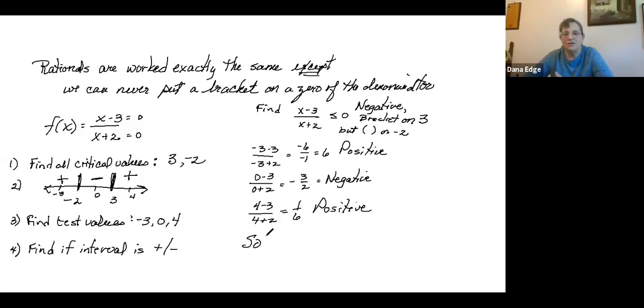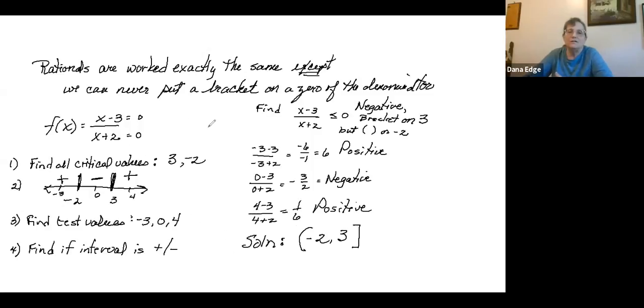So my solution, I'm looking for negative, so from -2 to 3. I can put a bracket on the 3 because it came from the top and I have the equals. But no matter what, I have to put a parenthesis on the -2 because it came from the denominator.